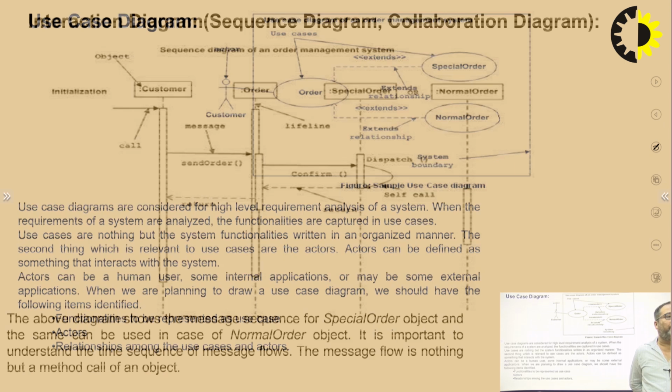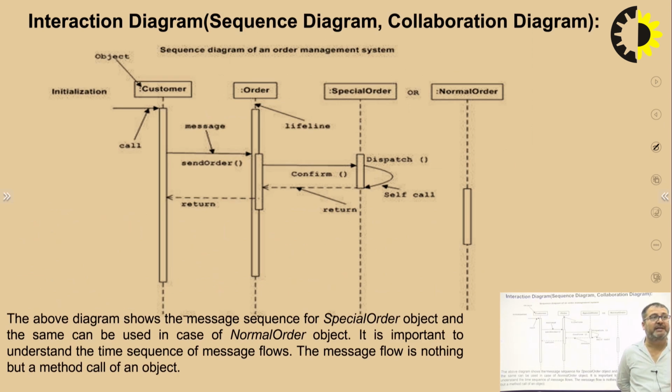Next is the interaction diagram. In interaction diagram, there could be a sequence diagram as well as a collaboration diagram. Sequence and collaboration diagrams are more or less the same thing, and combined together they are called interaction diagram.